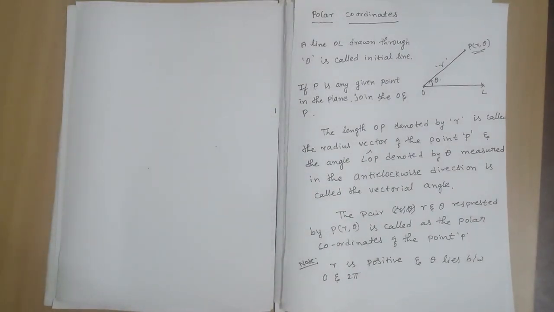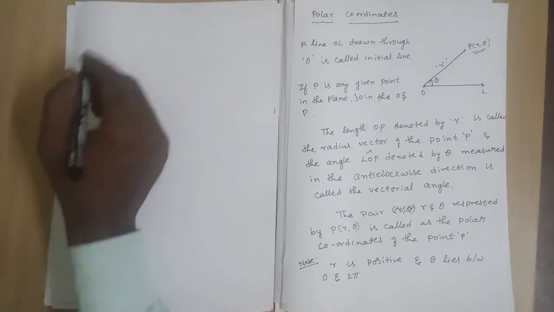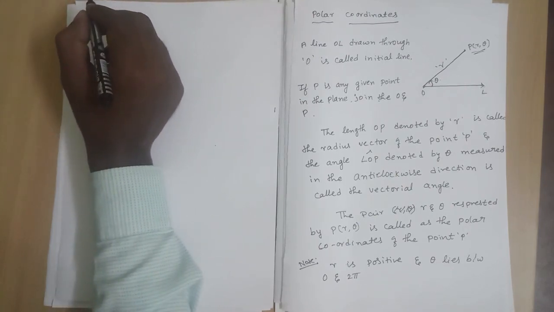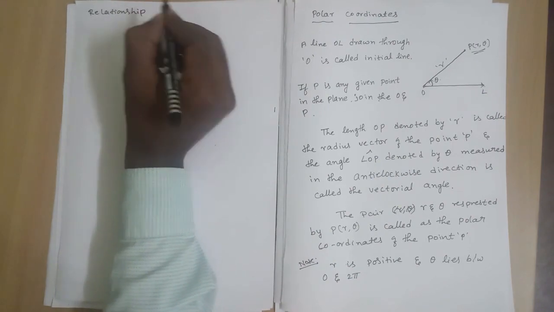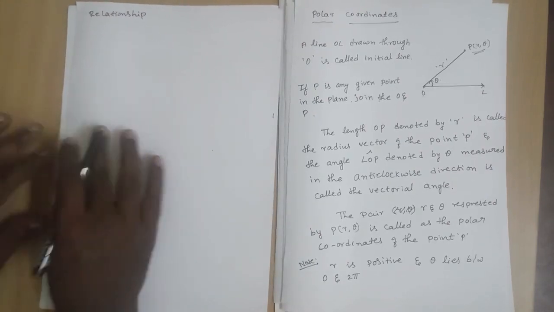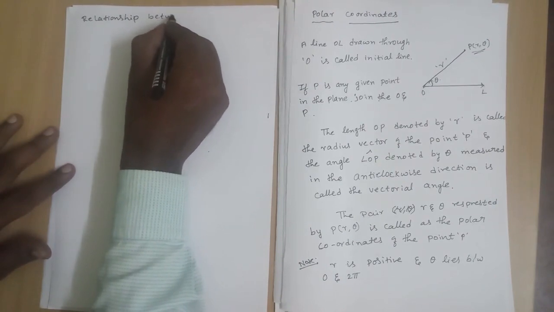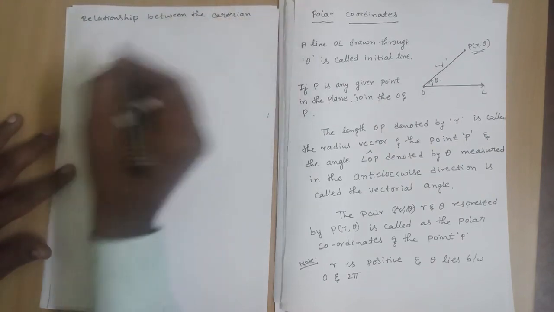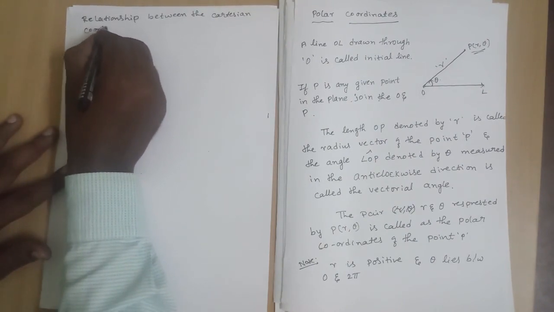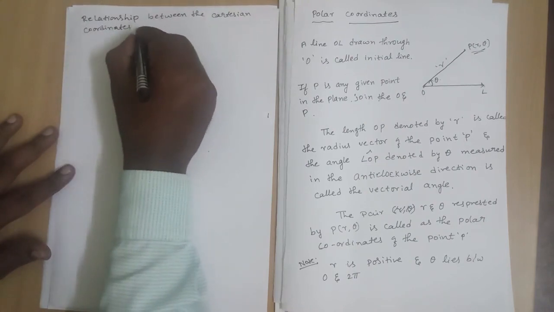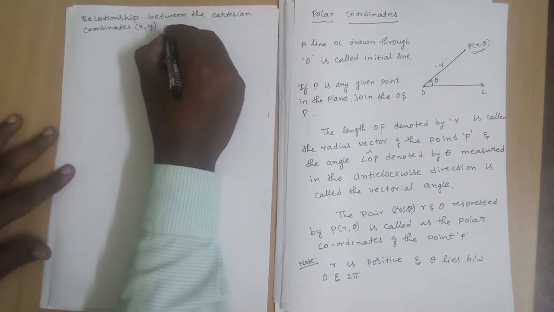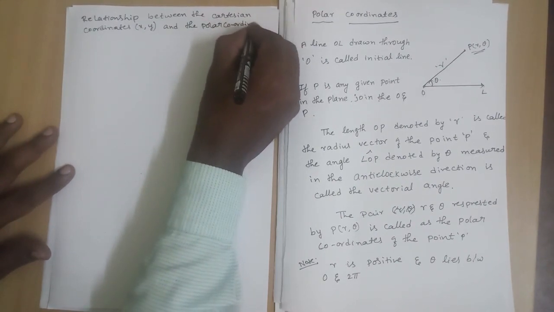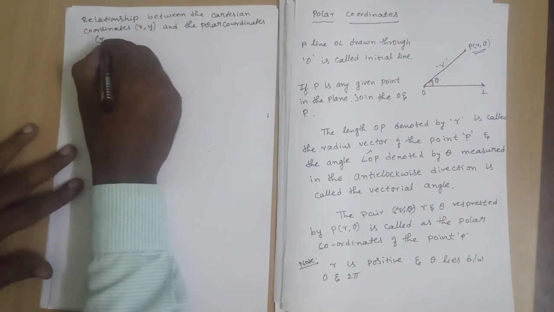Next, the relationship between the Cartesian coordinates x comma y and the polar coordinates r comma theta.